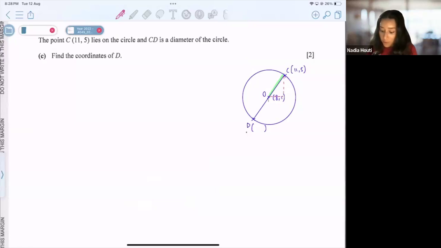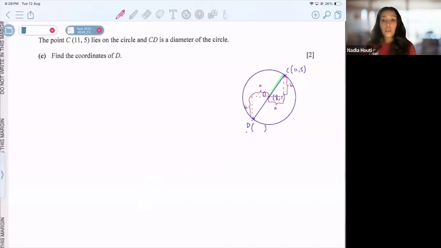This horizontal distance will be equal to this horizontal distance. Let's call this A. This will also be A. Similarly, this vertical distance, let's call it B, will also be equal to this vertical distance.